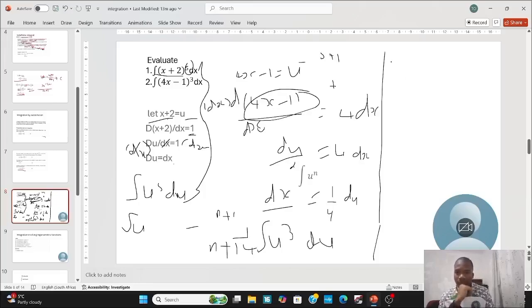Then we say, using the equation of u to the power n plus 1 over n plus 1 plus c, right? Sorry for the ugly c.